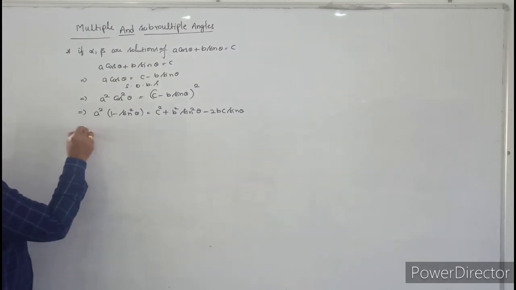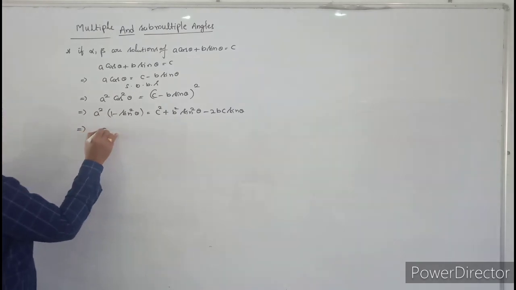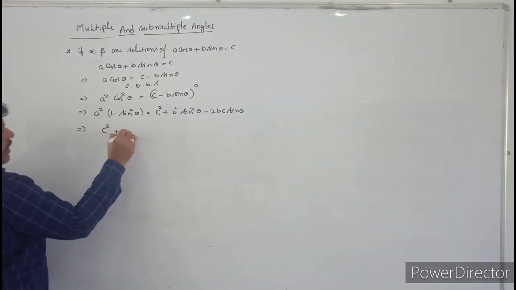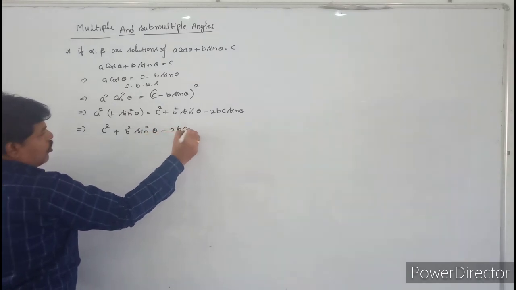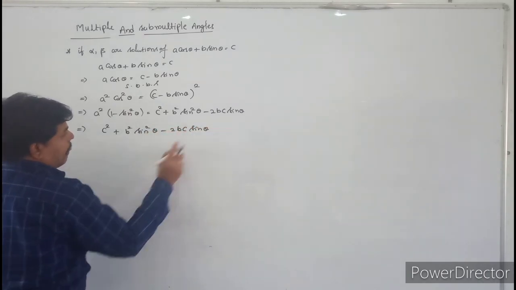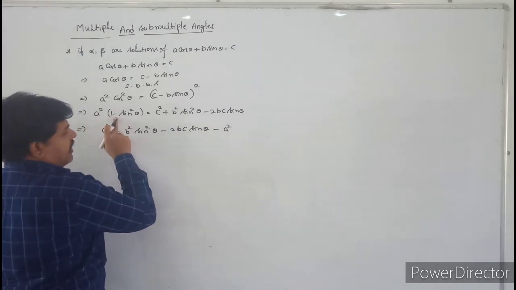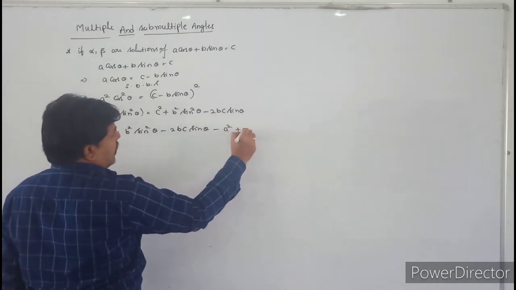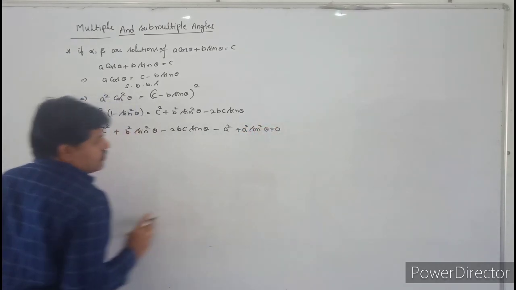All the terms I am changing in terms of sine. So what happens, students? I will take these terms to that side. Already that side is c square plus b square sin square theta minus 2bc sin theta. Take these terms to that side, minus a square, coming to that side it will become plus a square sin square theta is equal to 0.